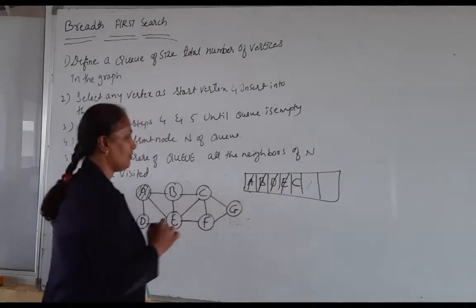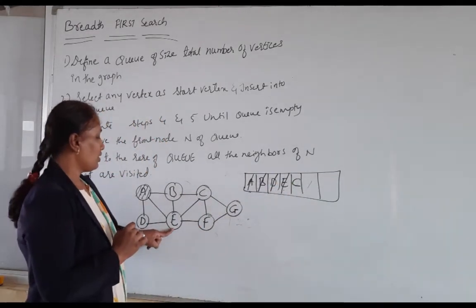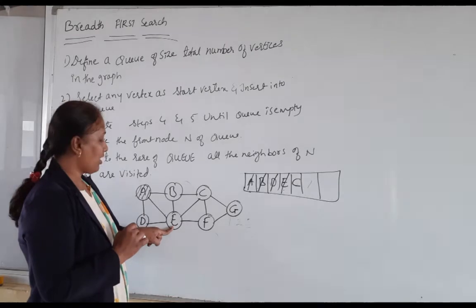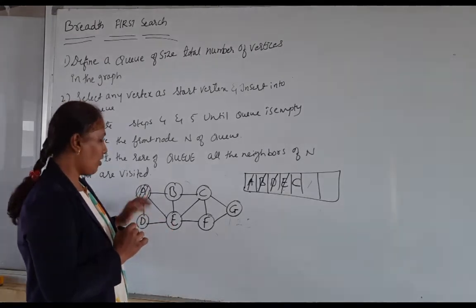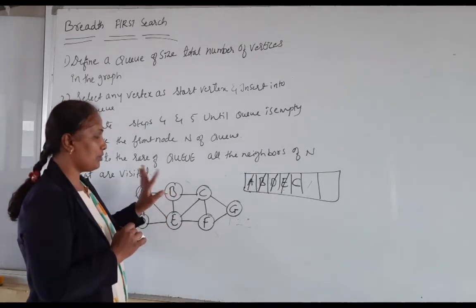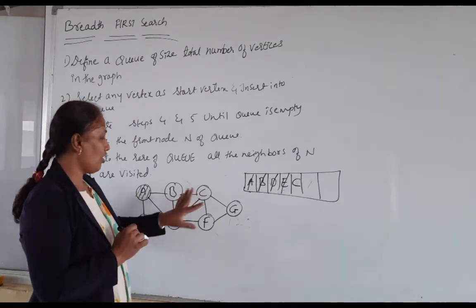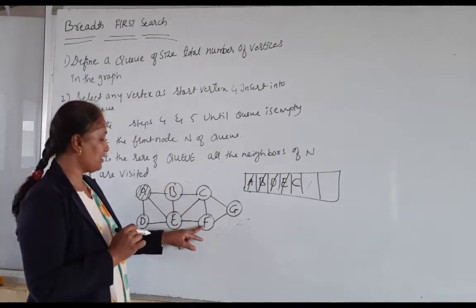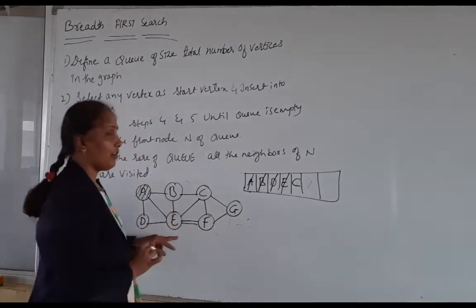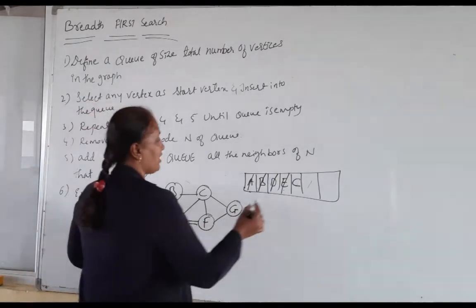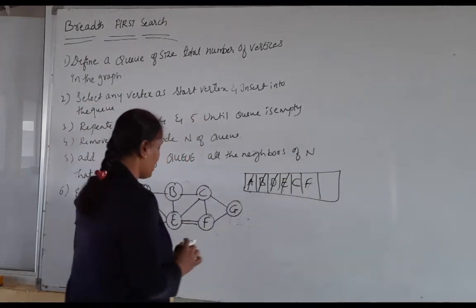I am going to delete this E from the queue. So here, what are the neighbors of E? One is A, already visited, D already visited, B already visited. Next, C already visited. The new neighbor is F. So I am going to visit that. So F will come here.